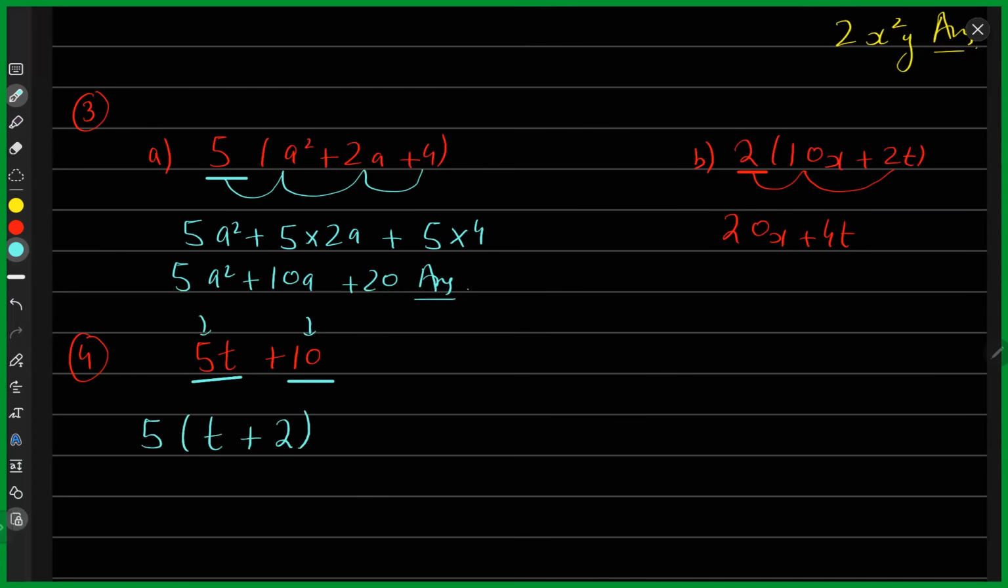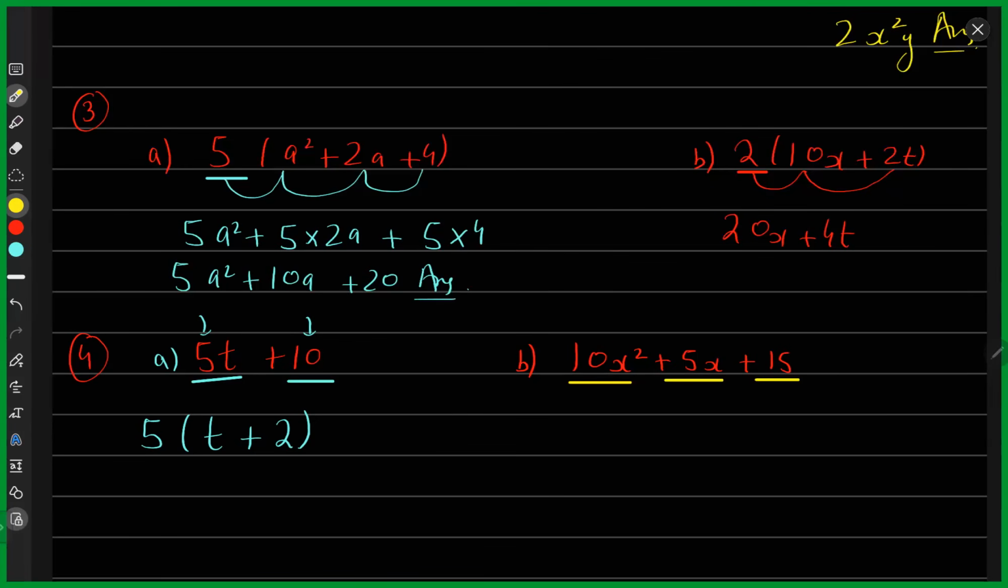Let me talk about all the examples for this one and then you guys would get clear, don't worry. For the second one, let's say it is 10x squared plus 5x plus 15. Which variable is common in all 3 terms? x is coming here, x is coming here, but I don't have x here.